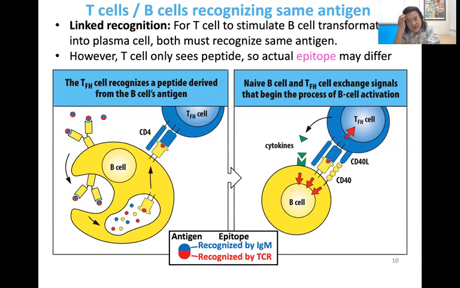And so you say to yourself, well, I don't get it, because if the immunoglobulin of this B cell is the right shape to bind a carbohydrate or a lipid, then how is it that eventually the B cell presents a small peptide? It does so because we tend to oversimplify these cartoons.